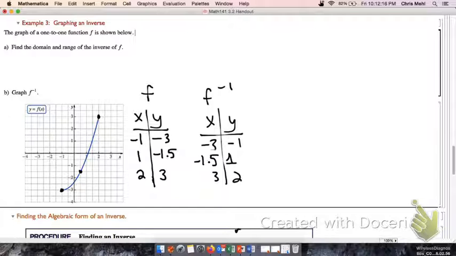So I'd still have the point -3, -1. I didn't screw that up. And then I have the point minus 1.5 comma positive 1, which would be right here. And then I can go right 3 and up 2. And the graph of the inverse function looks something like that. So this is f, and this is f inverse.